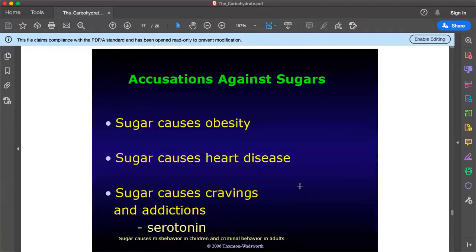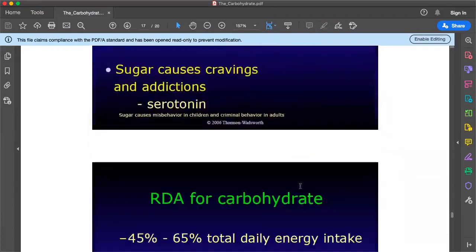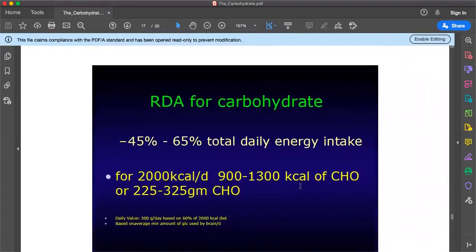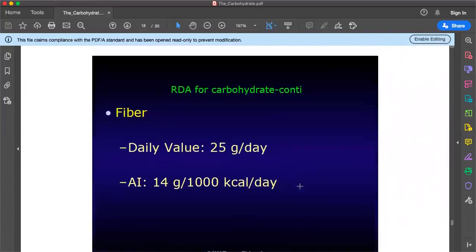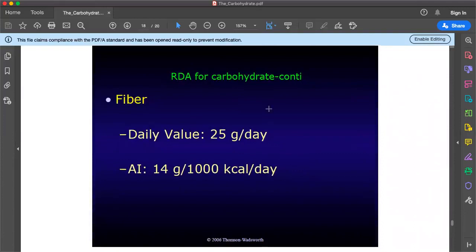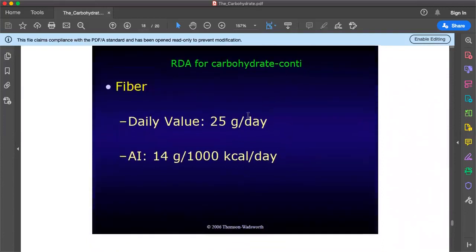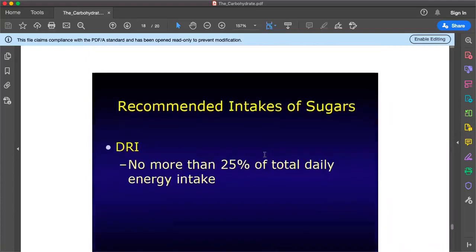Mayonnaise, fruit drinks, yogurt with flavors also have added sugar in it. So you always need to pay attention and be careful of what you're really eating. Fibers, daily value 25 grams. You can go a little bit over, but don't limit fiber or remove it from your diet.